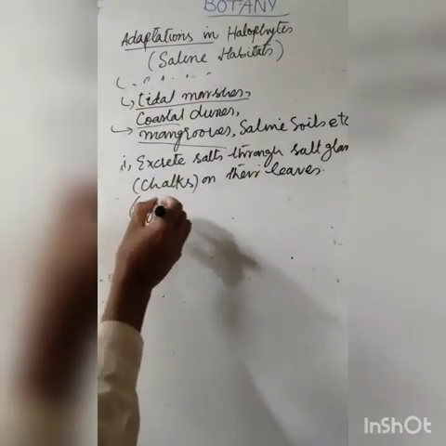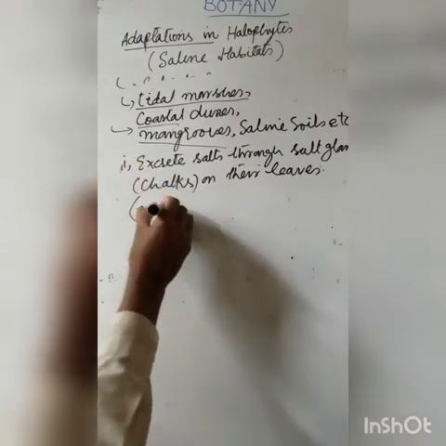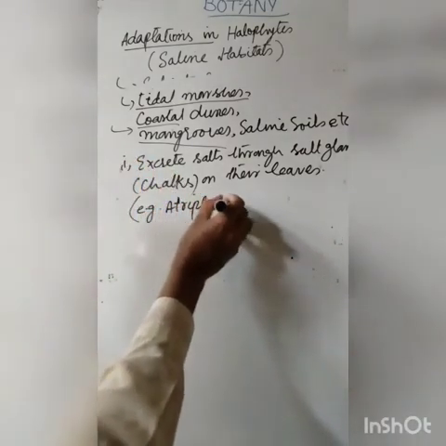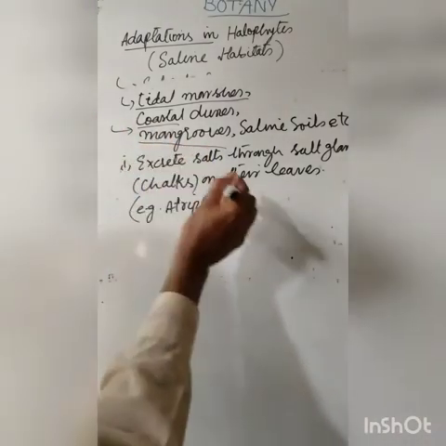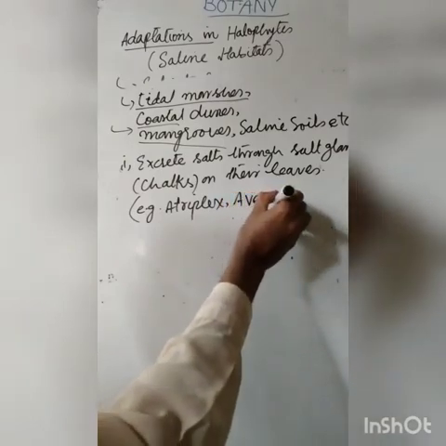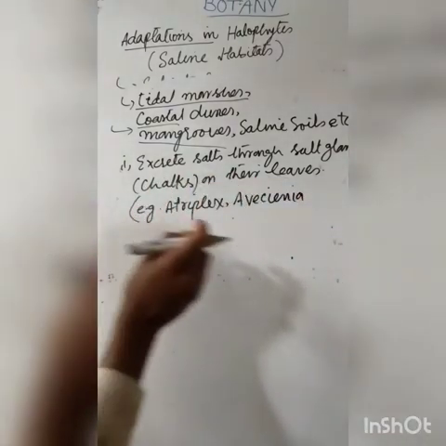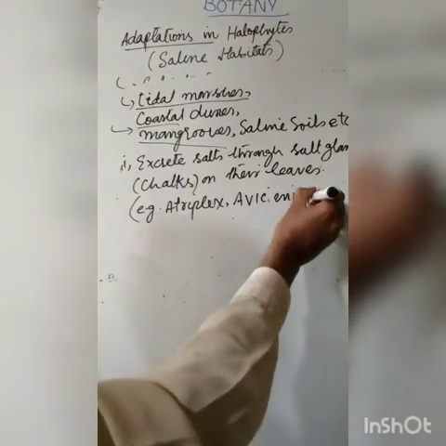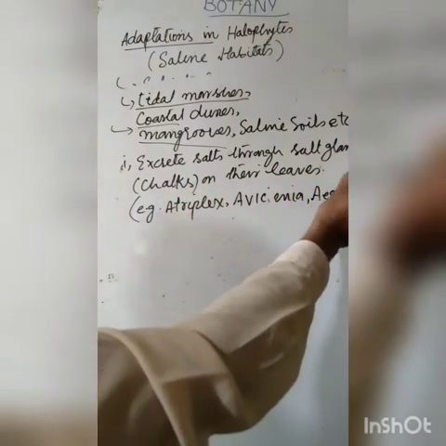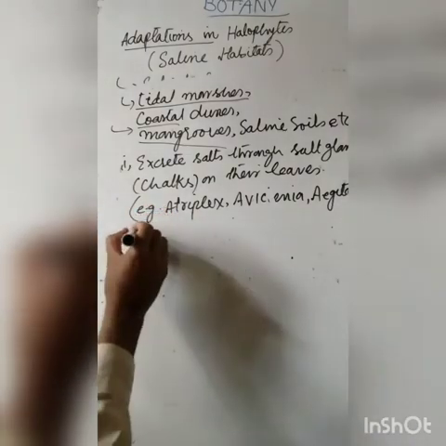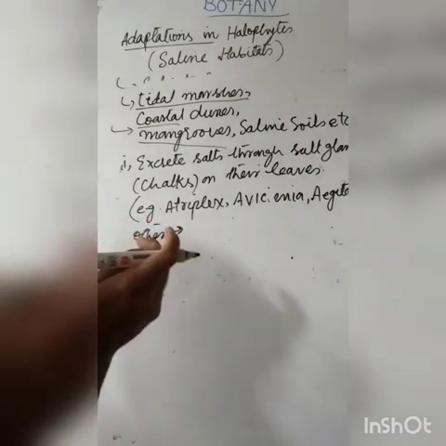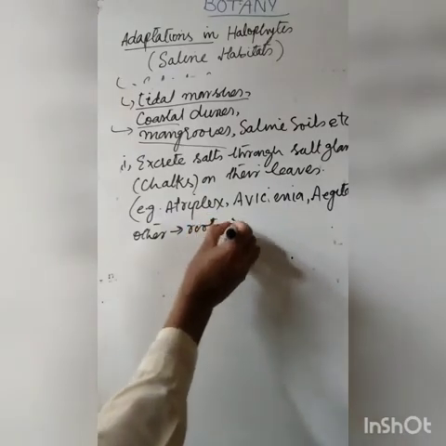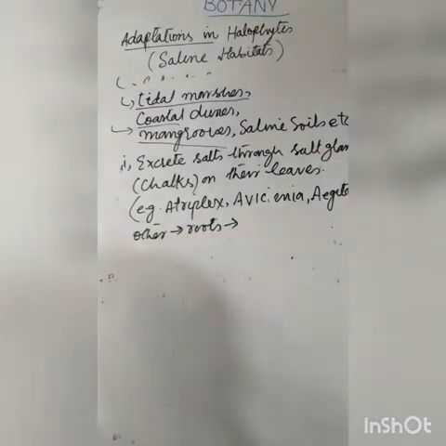For example, there is Atriplex, there is Avicennia, there is Aegialitis. These excrete the salts through salt glands which are found on their leaves, while the others excrete the excessive salts through roots.